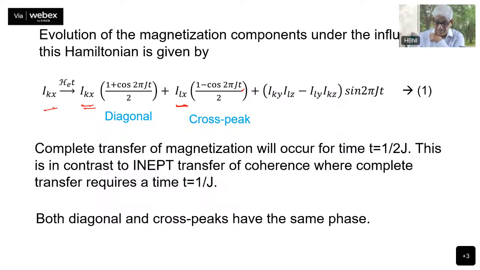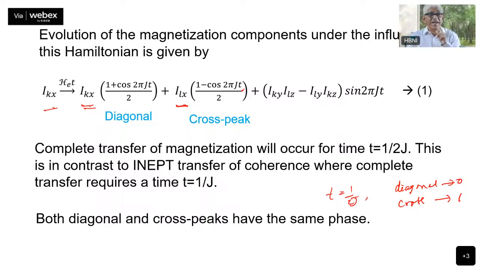And the second term, sine pi, will go to 0. Therefore, the diagonal will go to 0. So if t is equal to 1 by 2J, the diagonal will go to 0 and the cross peak will go to 1. So there is a complete transfer of magnetization from K spin to L spin.